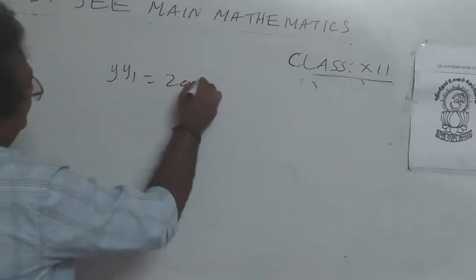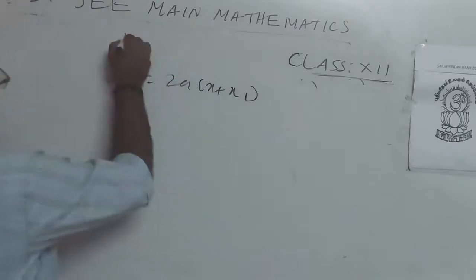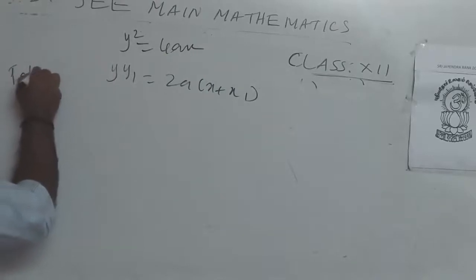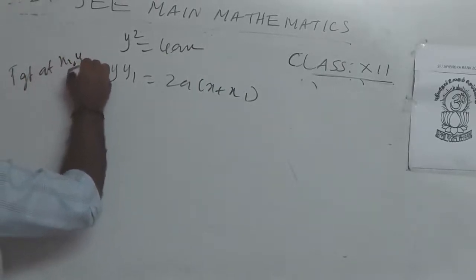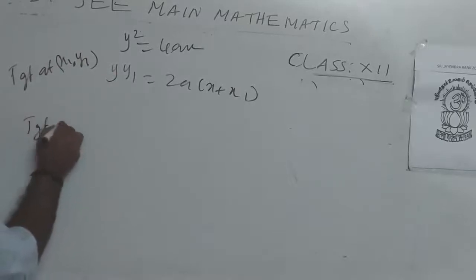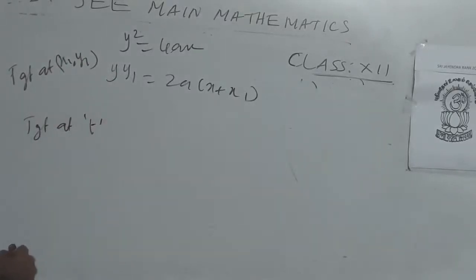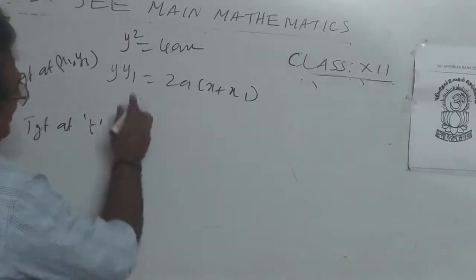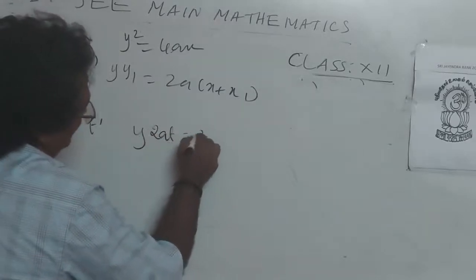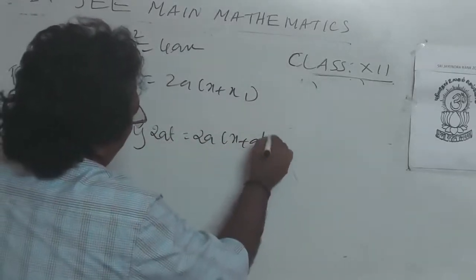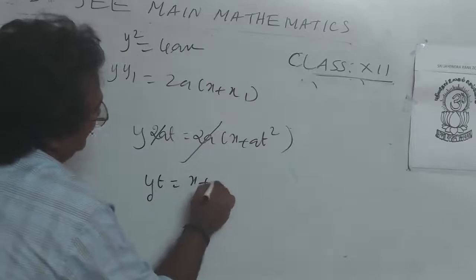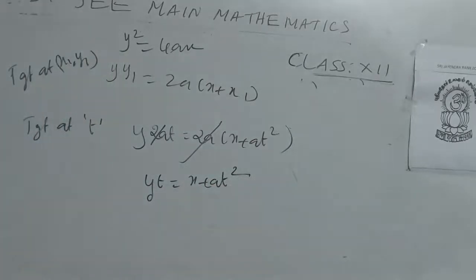y y1 equal to 2a into x plus x1, this is the tangent at x1 y1. Tangent at t, that is a t squared comma 2at: in place of y1 put 2at, and 2a into x plus x1, that is a t squared; 2a will be cancelled, so yt equal to x plus a t squared.